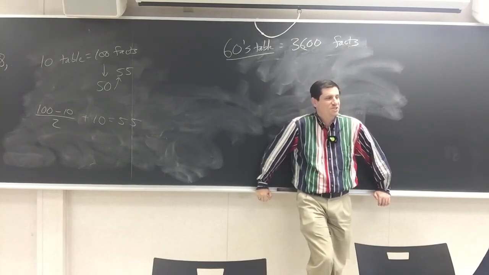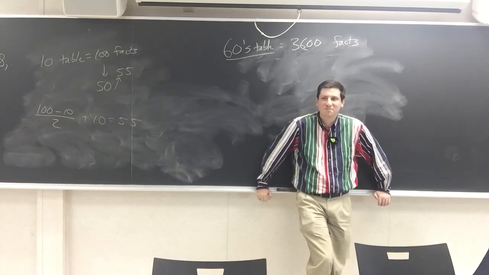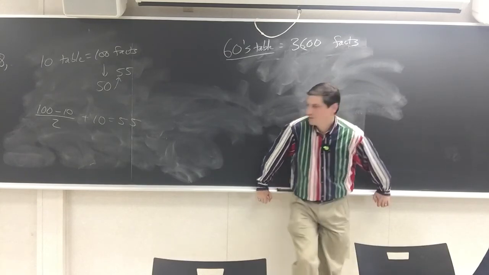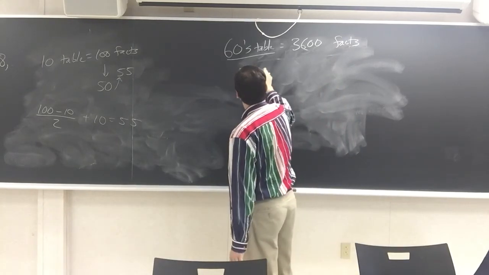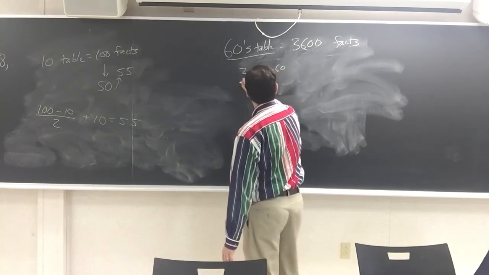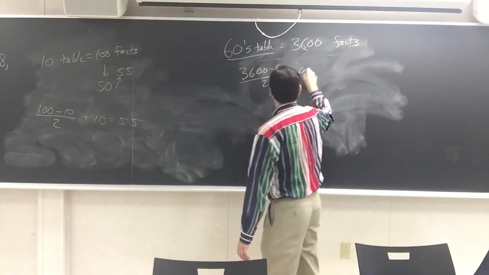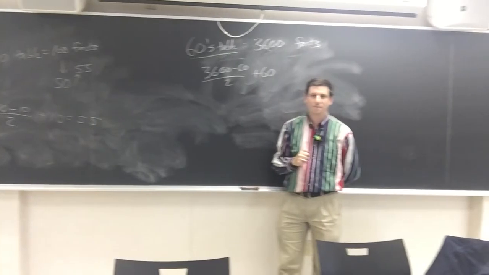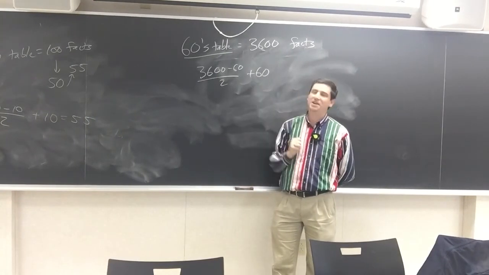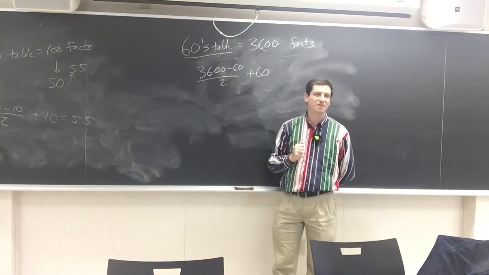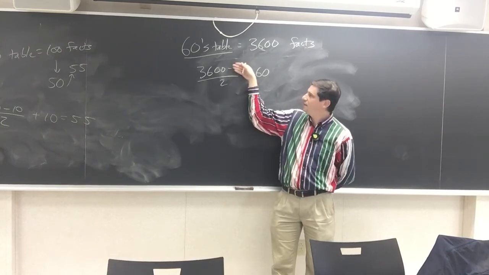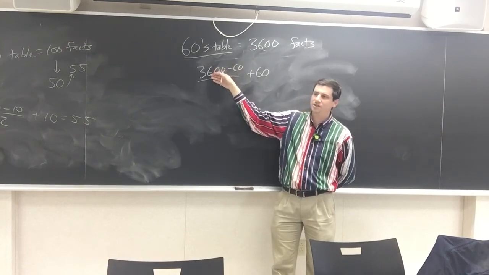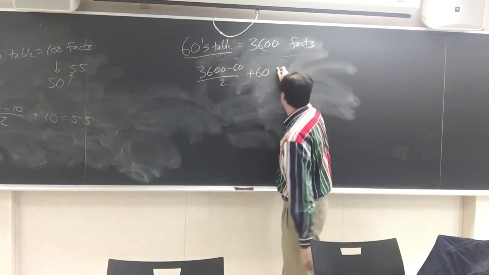So how many facts would you have to memorize? 3,600 minus 60 over 2 plus 60. At this point, the minus 60 plus is not really making too much of a difference. So if I forget about this over here, that'd be 1,800 and then plus 30. So I think this is 1,830.